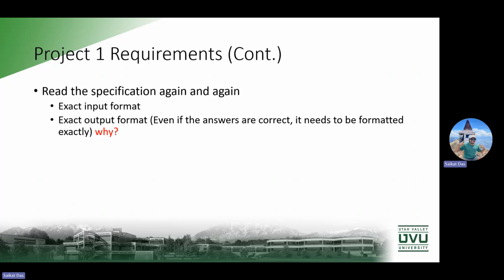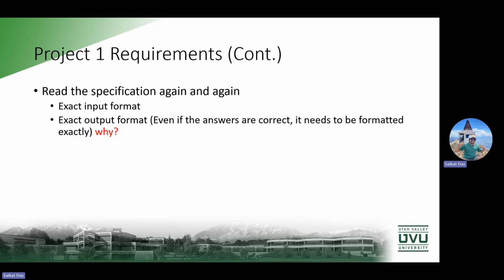Not necessarily. Yeah. So you need to write those 2 decimal places using the F string. I'll let you know. So that's why I'm forcing you to print the exact formatting. If you go to the project specification, it is mentioned there, exactly the same formatting, 2 decimal places.